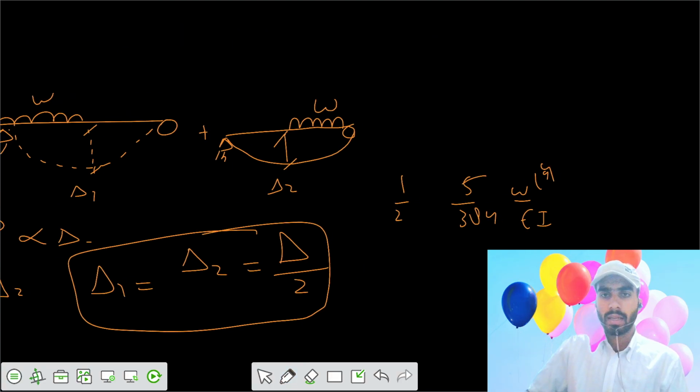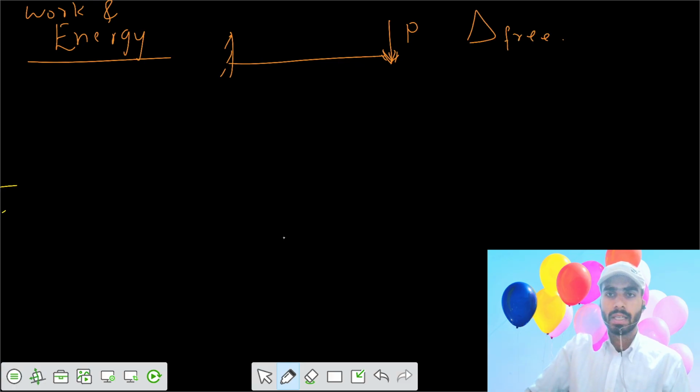So we solve a problem using the principle of work and energy. You calculate the deflection when a point load P is acting at the free end, the delta at the free end, using these principles.